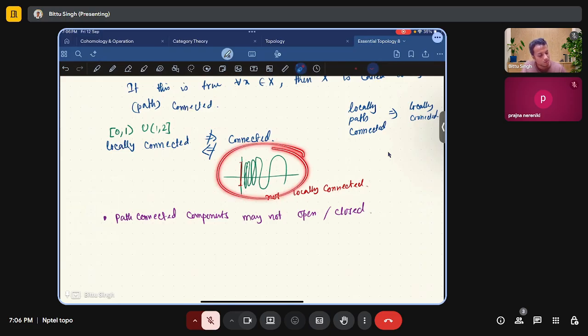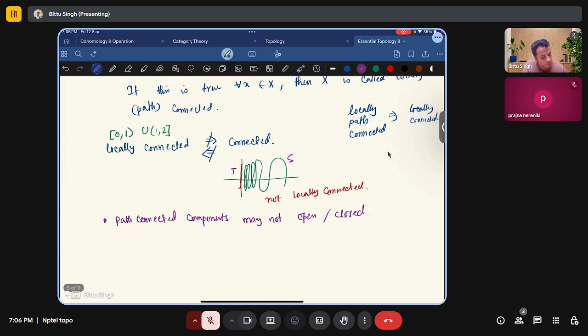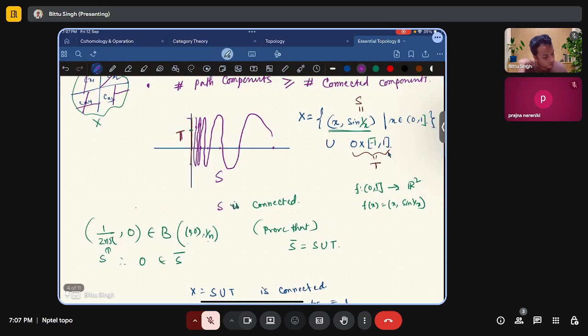So in this example, this was our set S, this was our set T. Let me modify the definition. Instead of open 0 closed 1, take open 0 open 1.